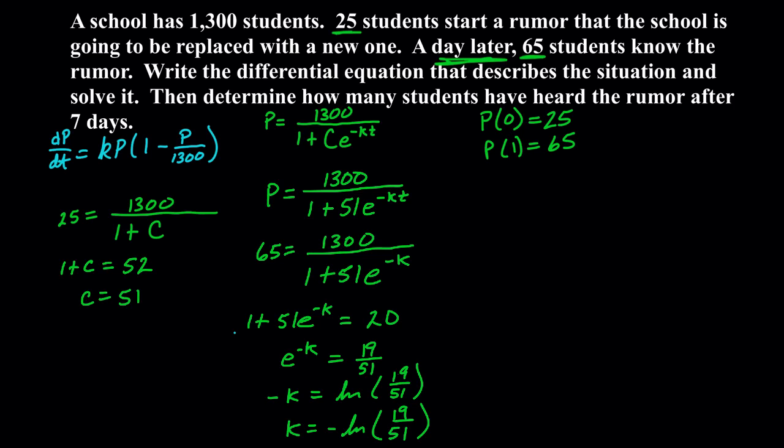We can substitute that back in, and that's going to give us P is equal to 1,300 over 1 plus 51 e to the negative k, so negative natural log will be natural log of 19 over 51 times t.